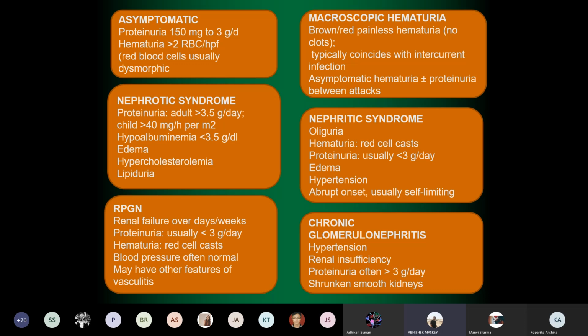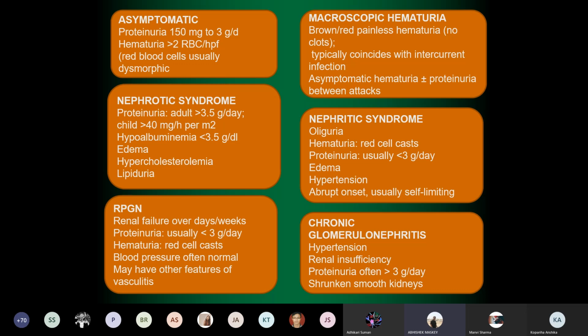What I personally want to do, whenever I see a patient with kidney disease or glomerulonephritis, is put that patient in one of the boxes. Is it an asymptomatic patient? Is it a patient with macroscopic hematuria but no other symptoms? Is there so much swelling, 24-hour protein more than 3.5 grams per day, high lipids, low albumin?